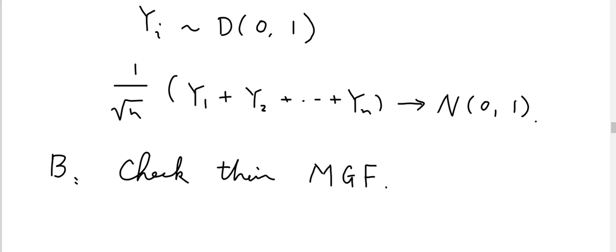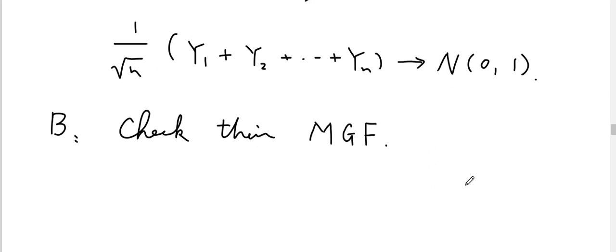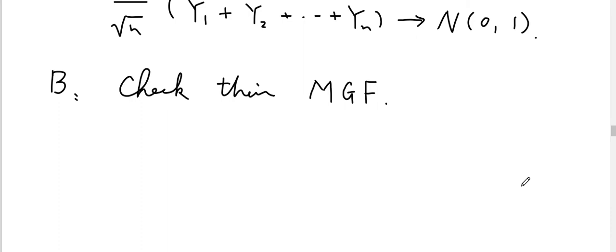So what is the MGF of the standard normal distribution? And then what is the moment generating function for Y1 plus Y2 plus ... plus Yn? So let's check their moment generating functions first.